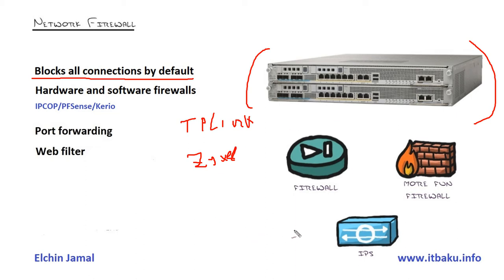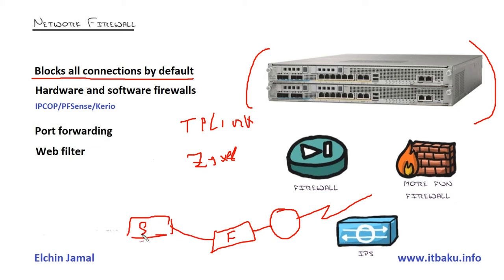We can have some router which is connected to the internet, and we can install the firewall between the router and our internal network. This is a firewall and this is our internal network. This is our switch and everything is connected to the switch, something like that.